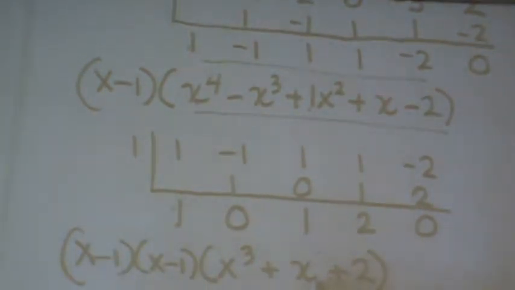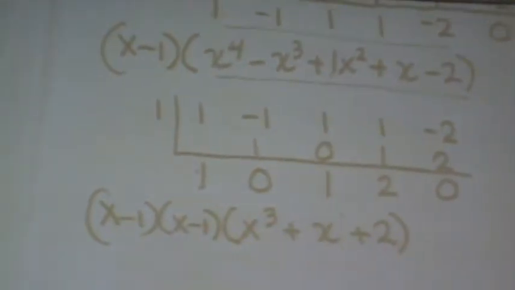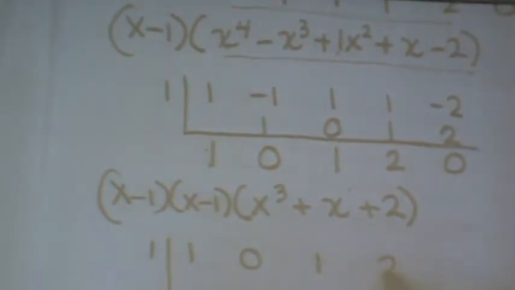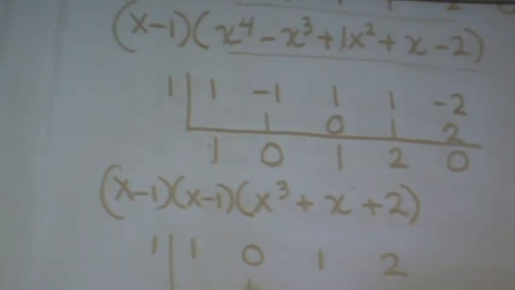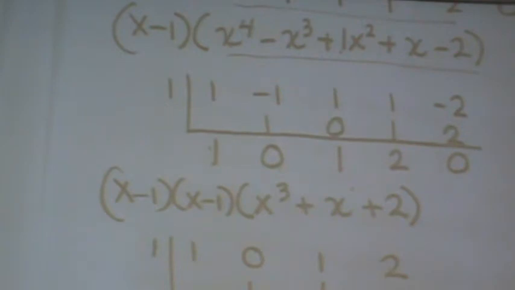Now we can try 1 again. Let's see if 1 works again. So we're going to do a 1, a 0, a 1, and a 2. 1, 1, 1, 1, 2. So guess what?